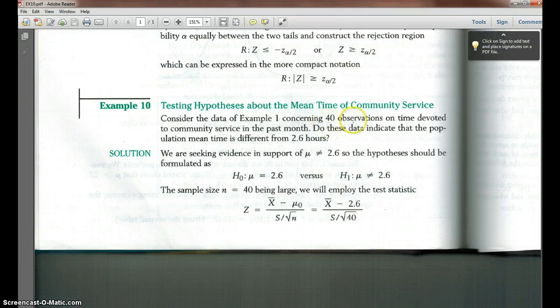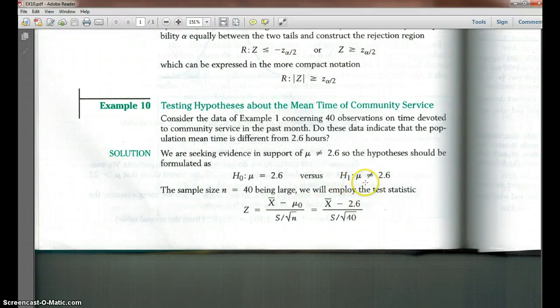We have 40 observations, and this time our claim is not "greater than" a number. The alternative hypothesis is mu is not equal to 2.6 hours. Somebody says the average number of hours for the students serving in the community is not exactly 2.6 hours, and you want to see if that's true or not.